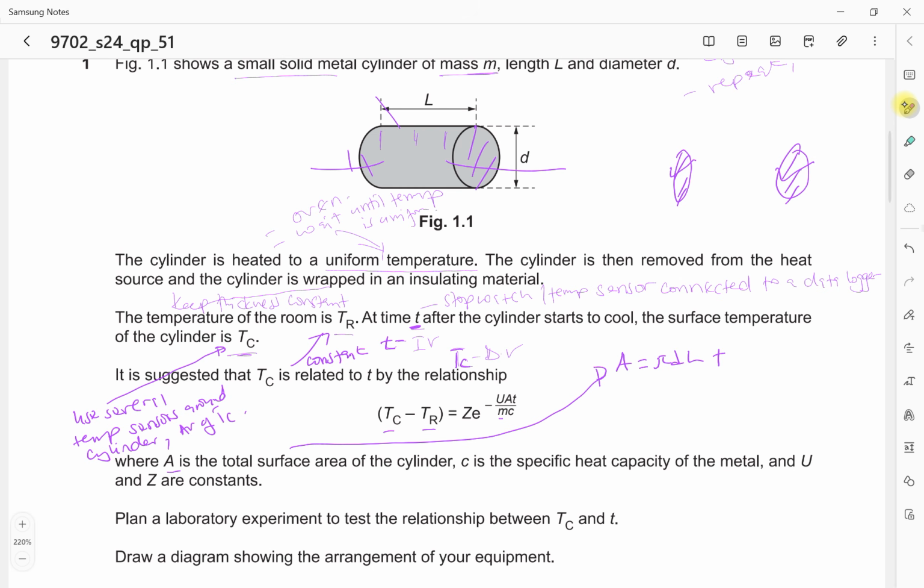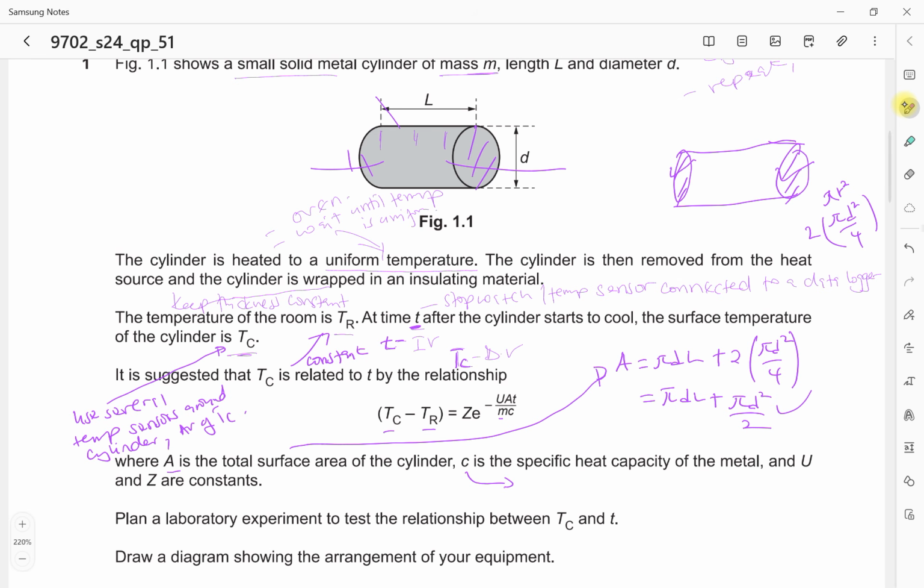The area is pi r squared, but r is d over 2, so it becomes pi d squared over 4. So the area of one side and the other side, I will multiply this by 2. So this will be twice pi d squared over 4. Then this means the surface area is going to be pi d times L plus pi d squared over 2. That will be the surface area. I think this would also give you another mark.